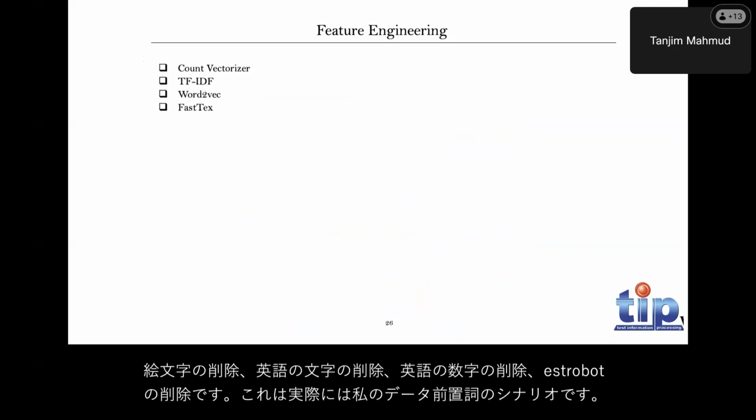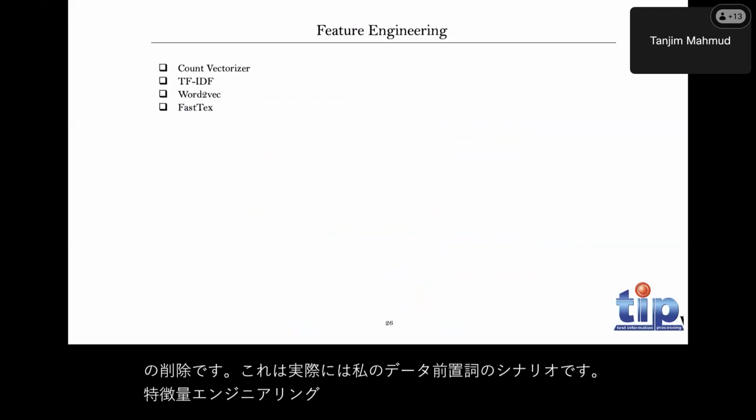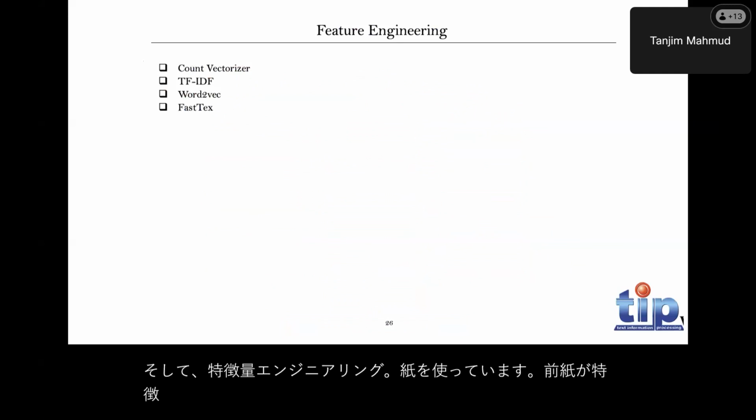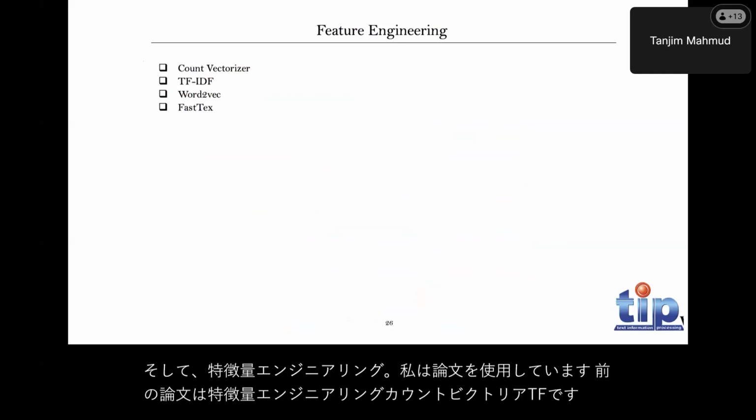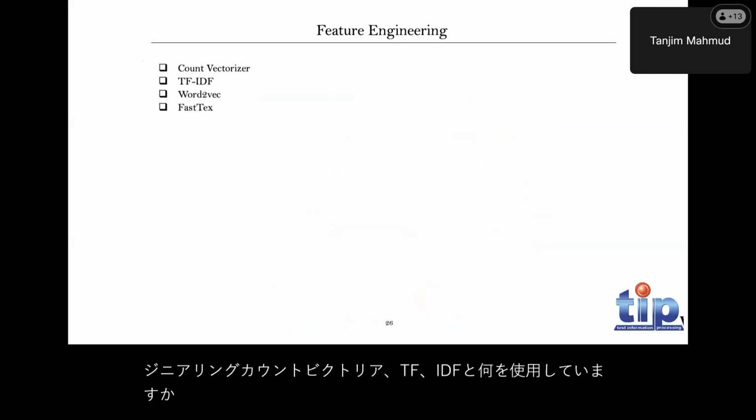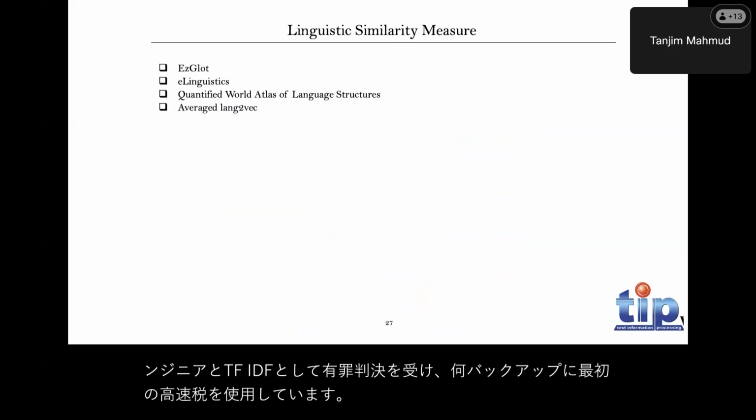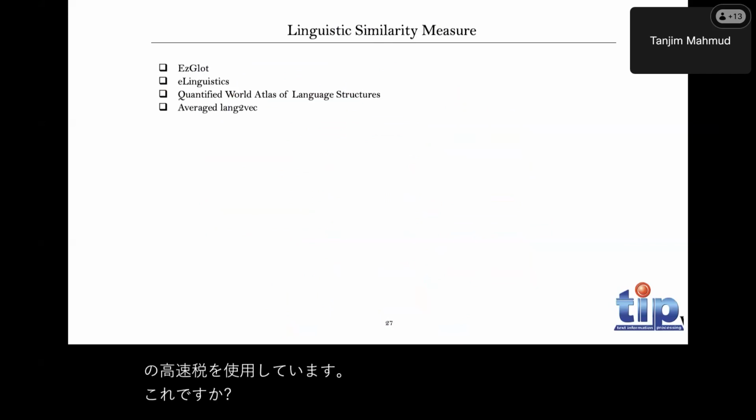For feature engineering, following previous papers, I use CountVectorizer, TF-IDF, Word2Vec, and FastText.